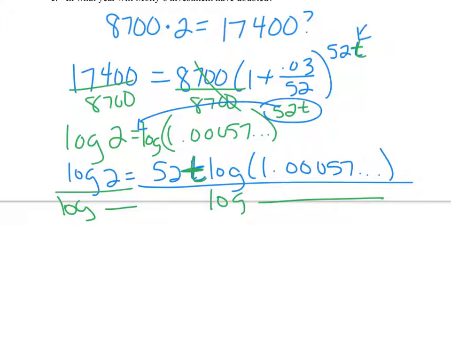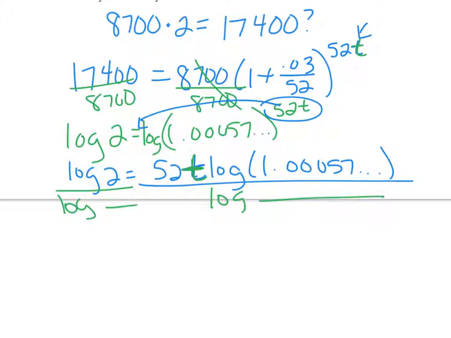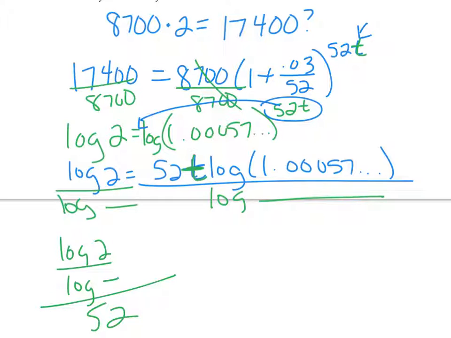I'm writing really large, so hopefully you're not running out of space on yours. When I divide by the log, I get a nice little number. I put it in my calculator: log of 2 divided by the log of the mess. And then I take that and divide it by 52.